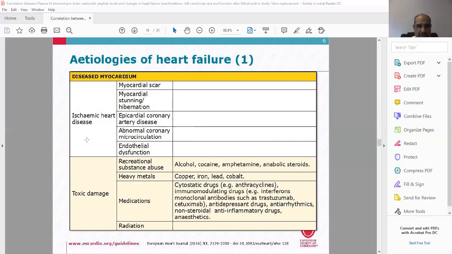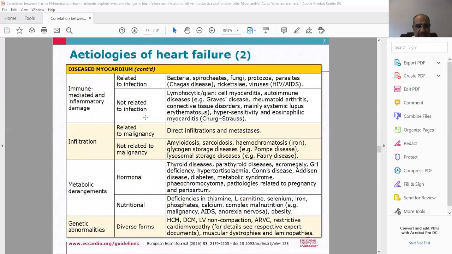Disease of the myocardium includes ischemic heart disease, whatever the etiology, toxic damage to the heart, whatever the etiology, alcohol, drugs, anything leading to toxicity, and immune-related disease, or even infections that cause an immune reaction, including viral myocarditis.